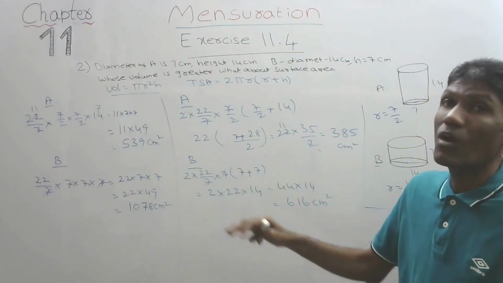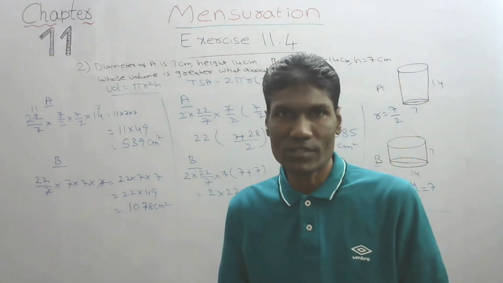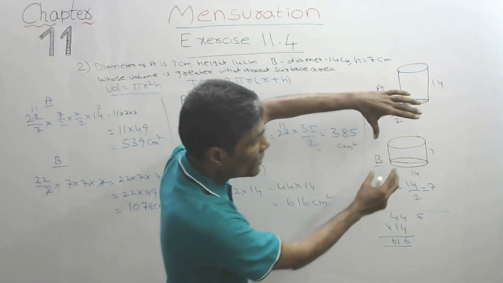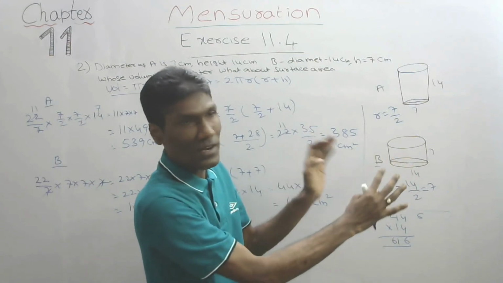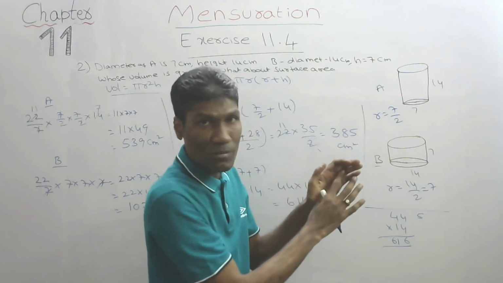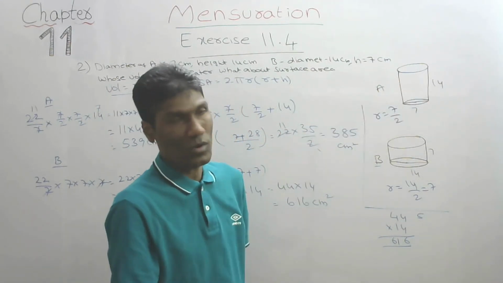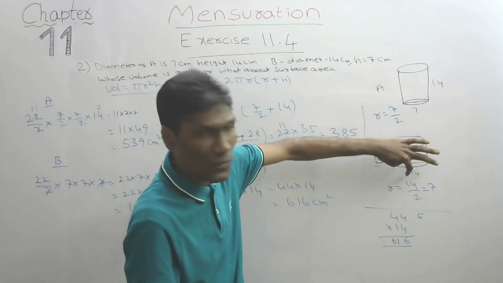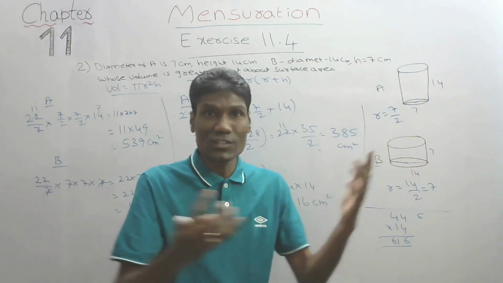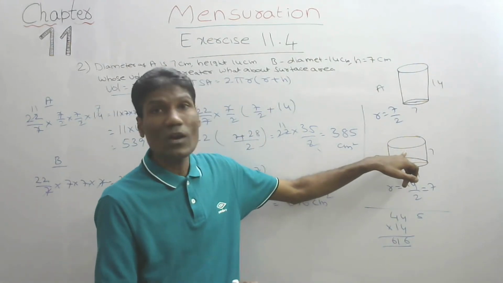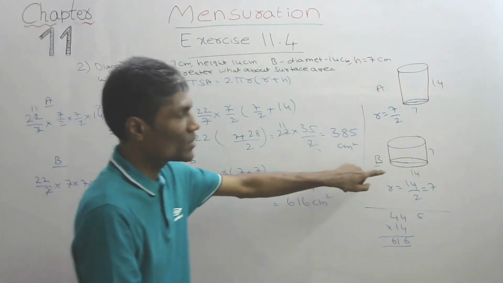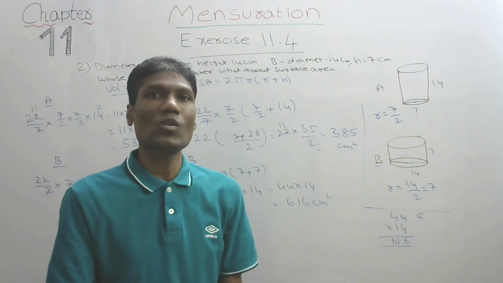So B has more in terms of values. Generally when the size is bigger, the surface area or the volume will be more. Of course the values 7 and 14 are the same, but these are interchanged. This is bigger in shape, so it can accommodate more volume. So we got this as more in terms of volume as well as total surface area.